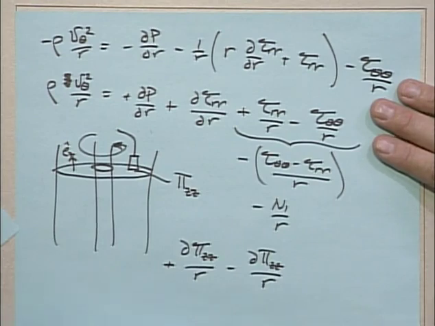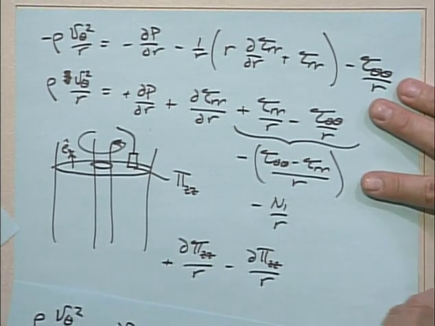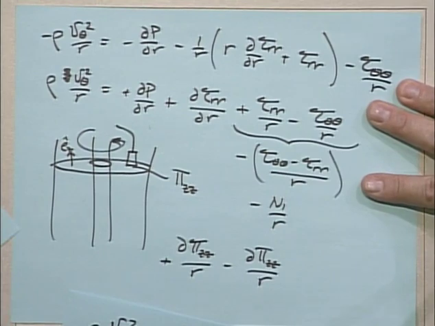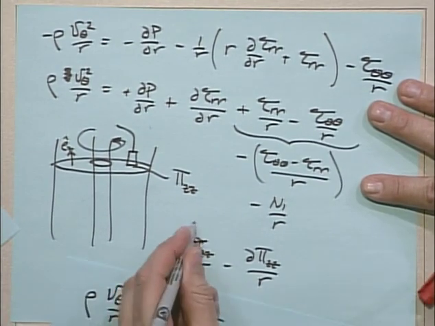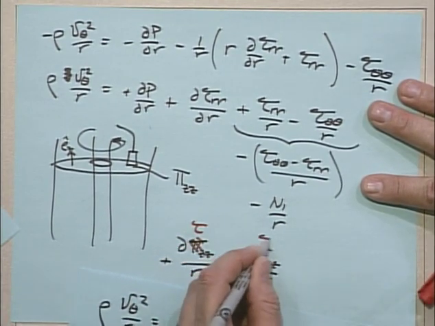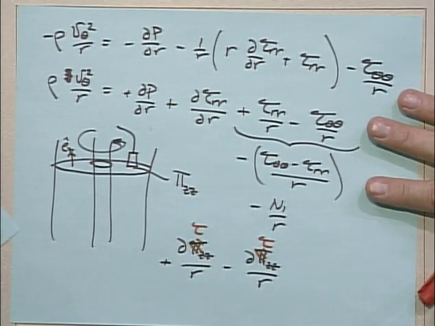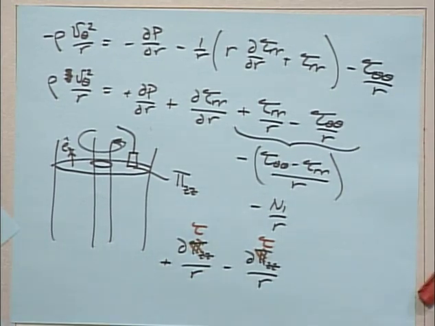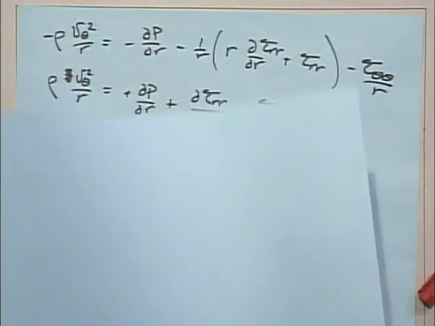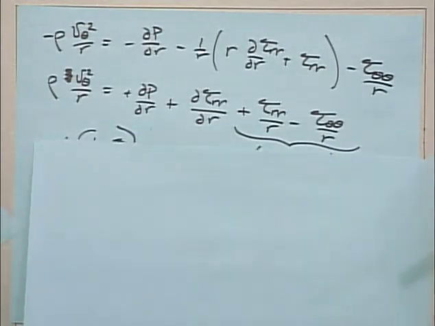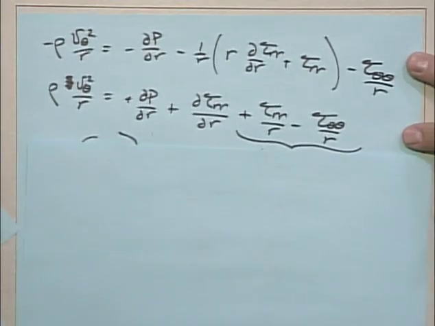I want to add and subtract not pi but tau. My mistake, because I'm going to turn it into pi. Doing it correctly now, second time's the charm.